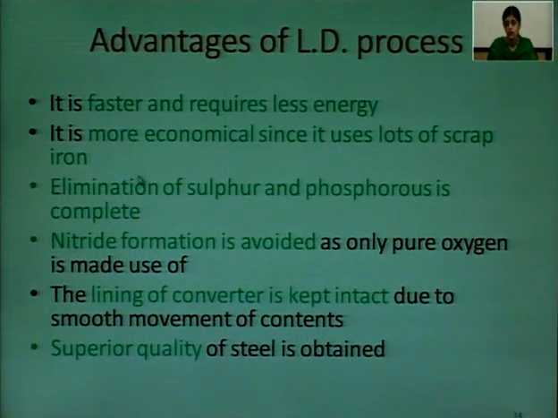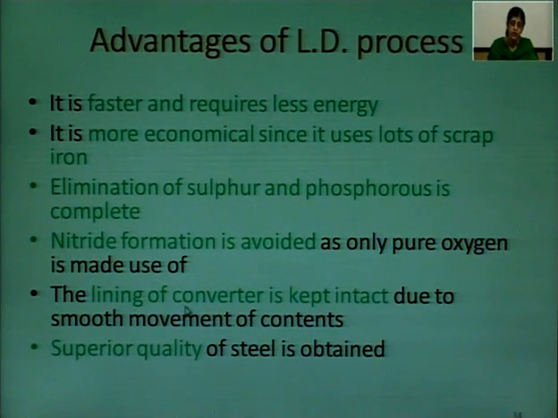Now, the advantages of the LD process. This LD process is faster and requires less energy. It is more economical since it uses lots of scrap iron. The elimination of sulfur and phosphorus is complete over here. Nitride formation is avoided.